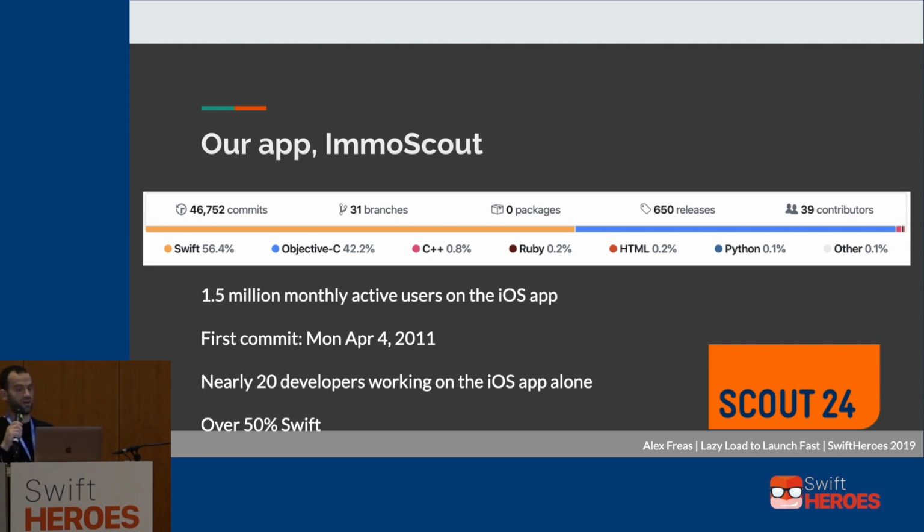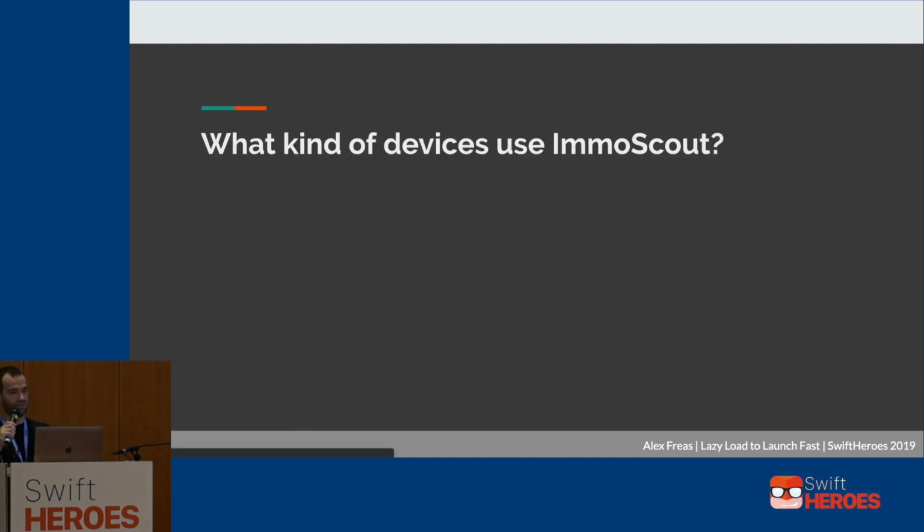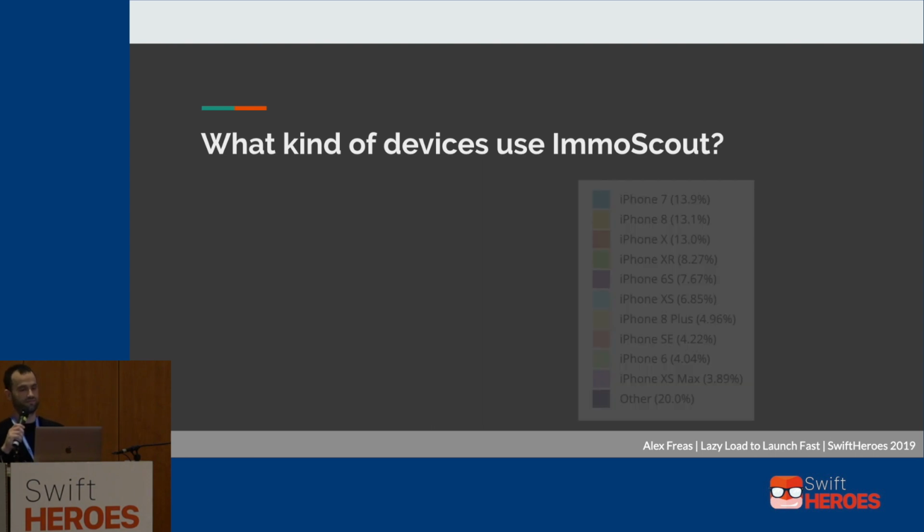It has 1.5 million monthly active users, and it's also quite old. The first commit is on Monday, April 4th, 2011, like 9 years ago. And we have nearly 20 developers working on the iOS app alone, and over 50% of it is written in Swift.